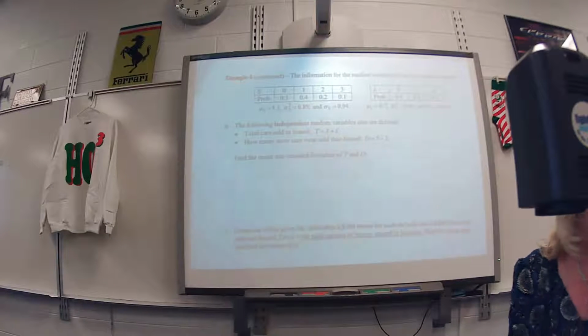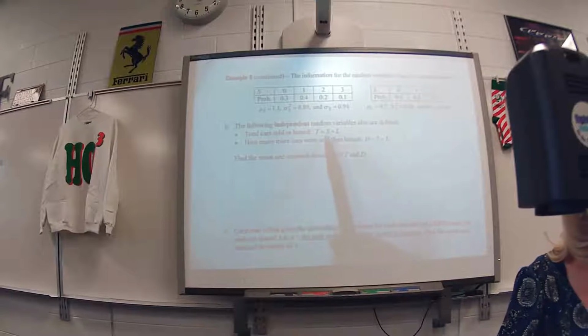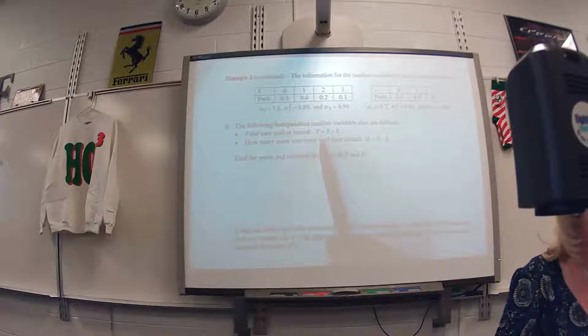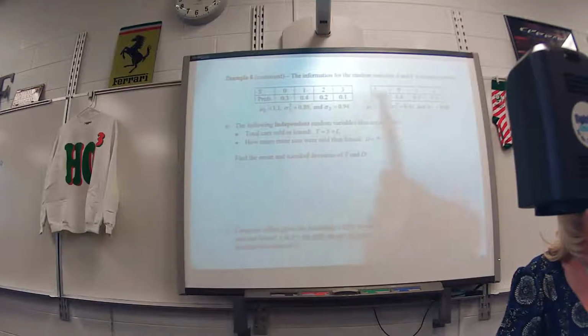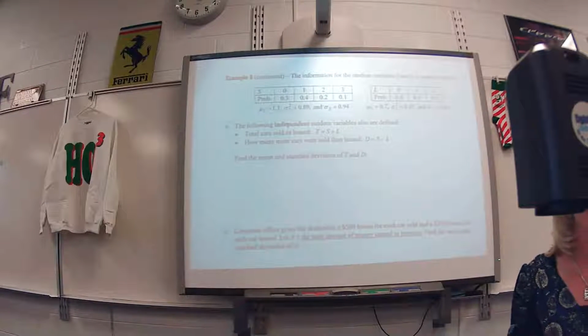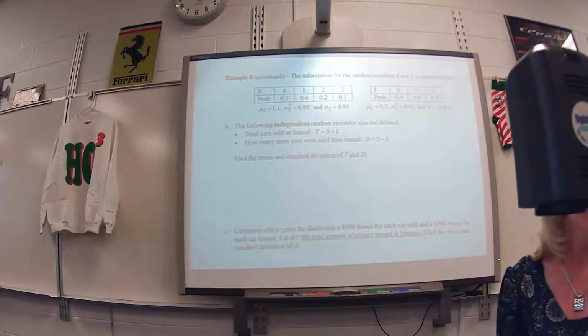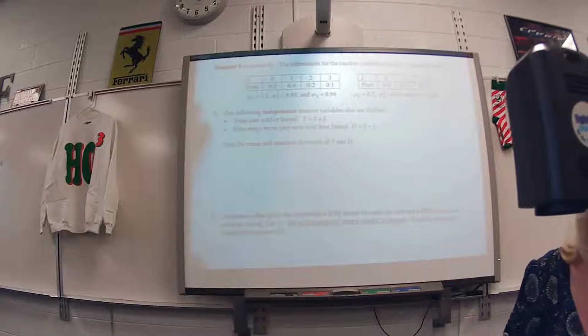So I'm defining two new random variables. This is an example of combining random variables. S and L are each a discrete random variable on their own, and we are now combining them to make T and D. This is what I would expect you to be able to do on your test.